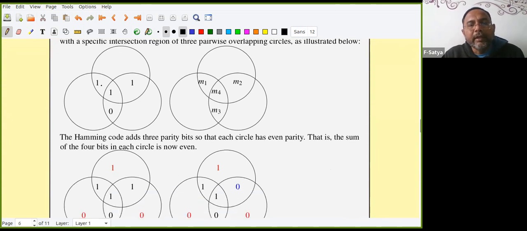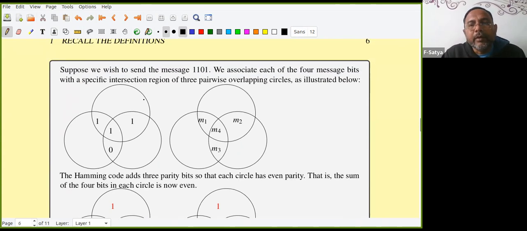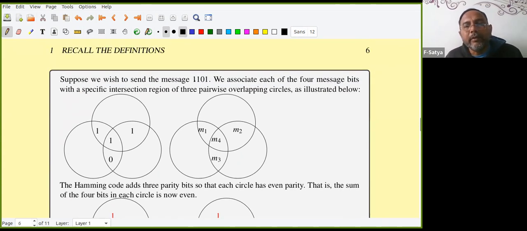You read carefully later, but I'll tell you a little faster way. So the message is 1101, right? M1, M2, M3, M4.